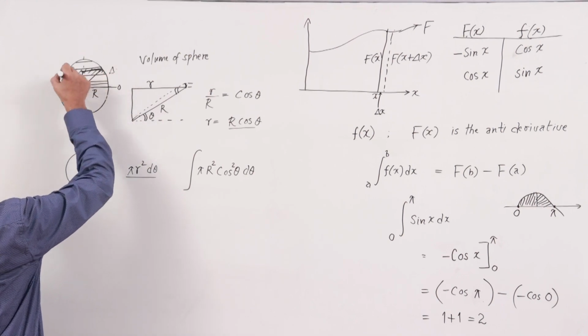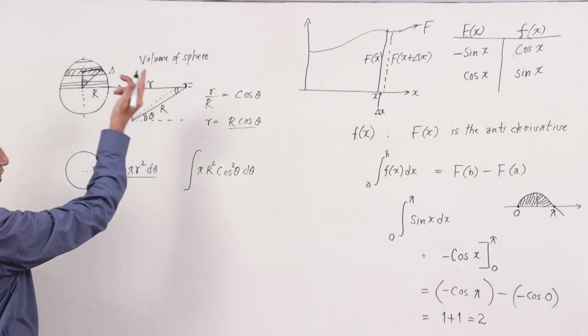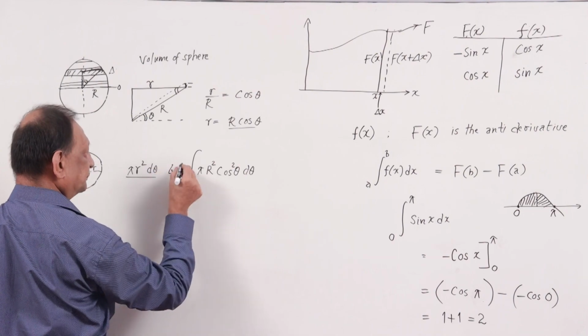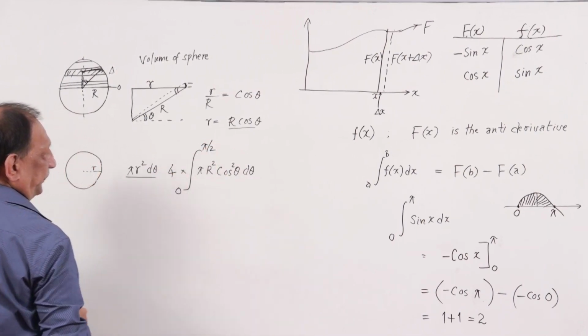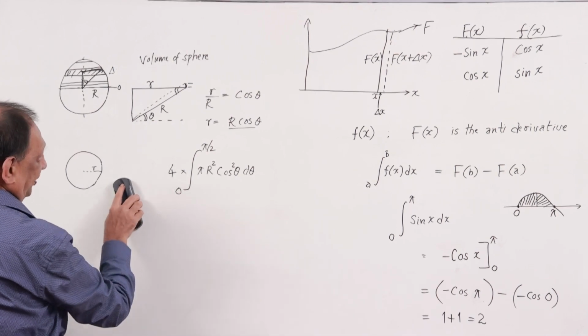I can go till here or I can go till here. If I go till only pi by 2, I'll get 1/4 the volume. So you can say 4 times the integral from 0 to pi by 2 of pi r squared cos squared theta d theta. I think that will give you the volume.